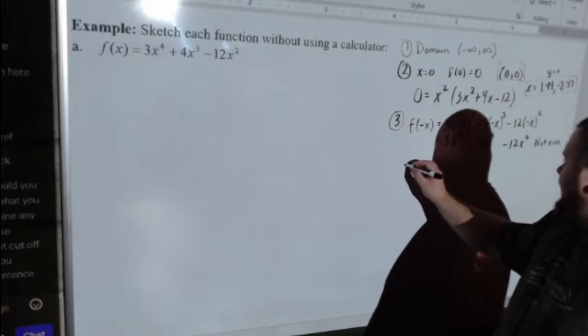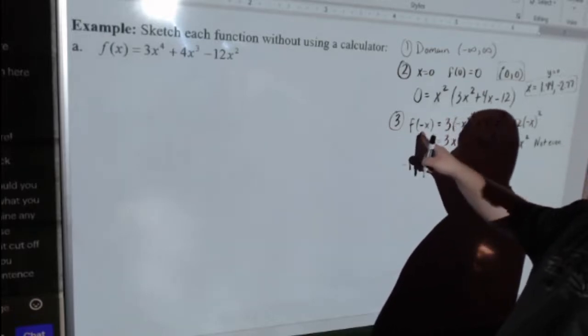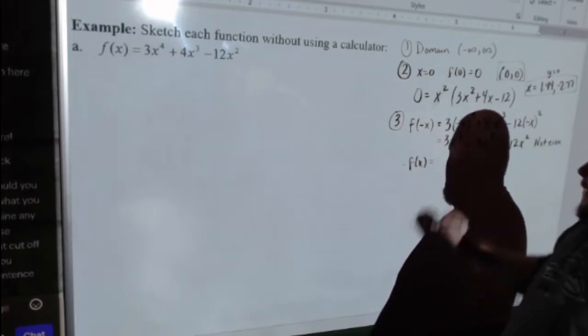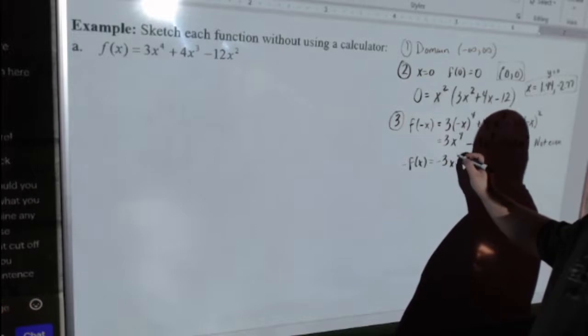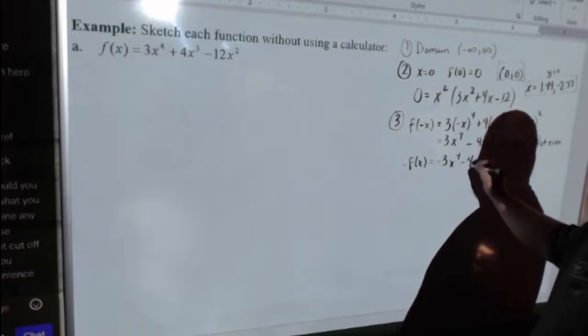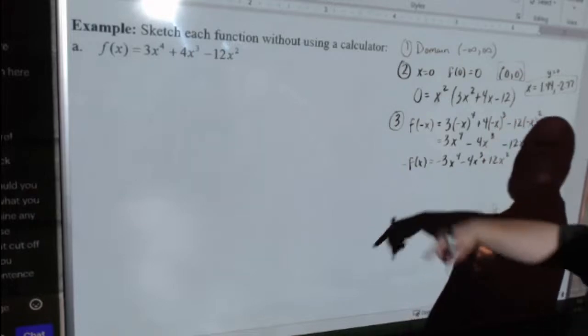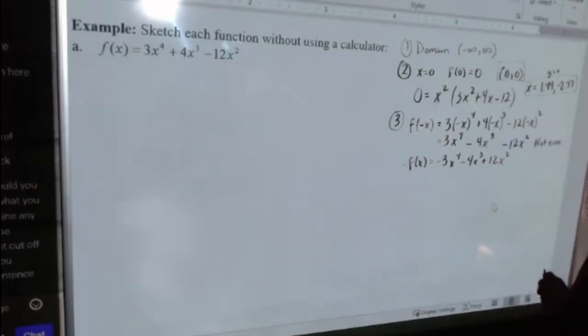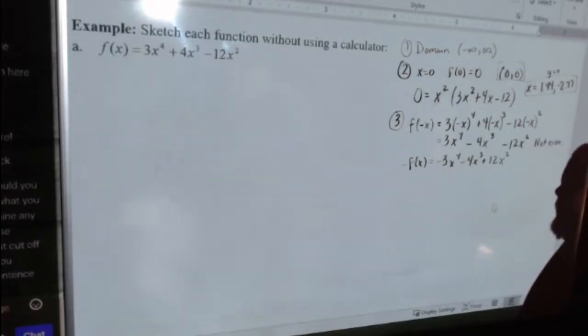Then we need to see what is negative f of x, and is it equal to f of negative x? Well, that's going to change the sign of everything, and therefore that is not equal to f of negative x.